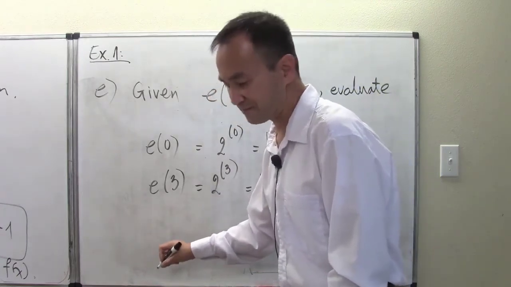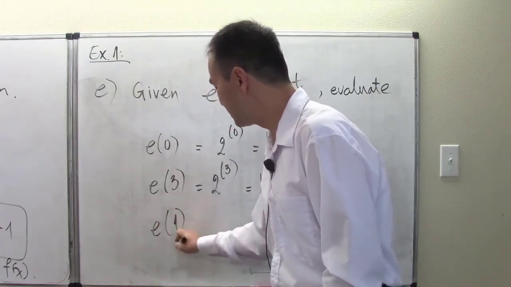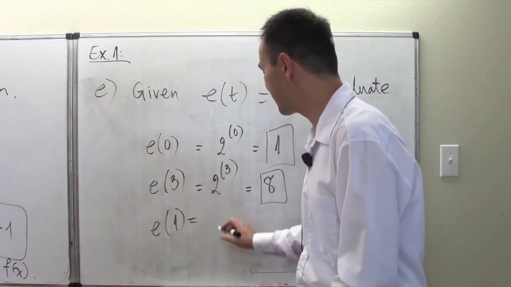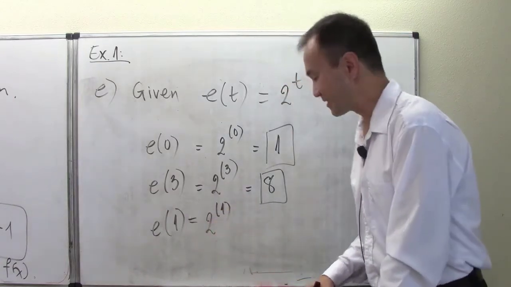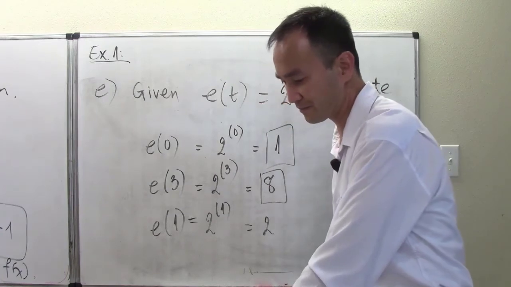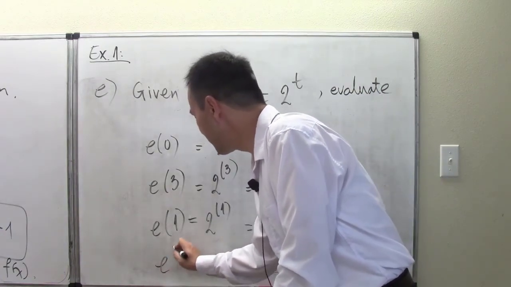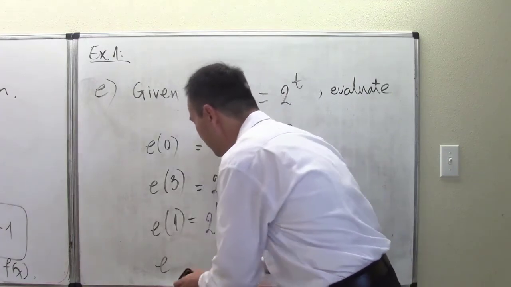And now e of 1. That's how I'm saying it out loud, but that means 2 raised to the 1st power, which is just 2. And the last one here, e of negative 1.